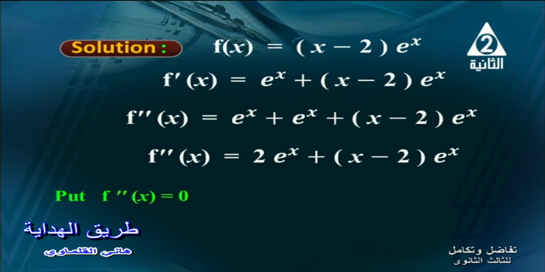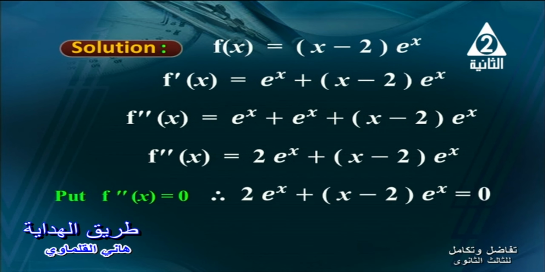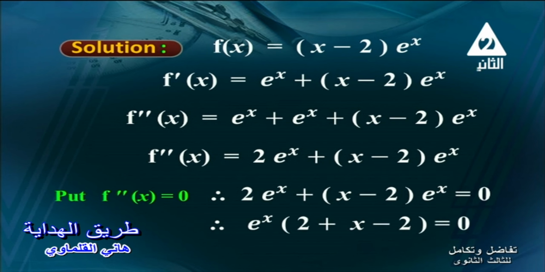Now put f double dash x equal 0. Then 2 e power x plus (x minus 2) times e power x equals 0. We can take e power x as a common factor: e power x multiplied by (2 plus x minus 2).